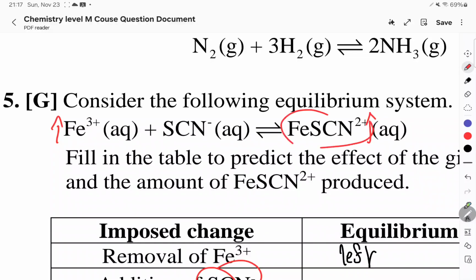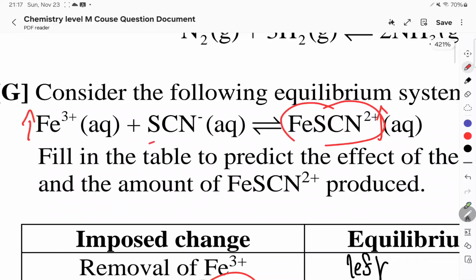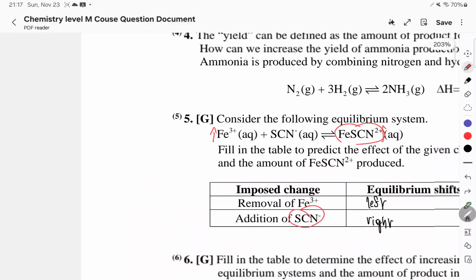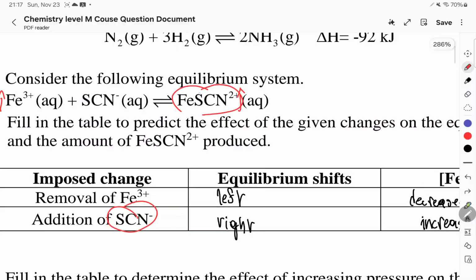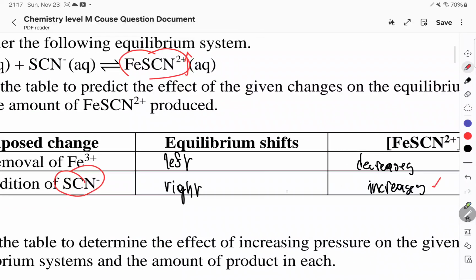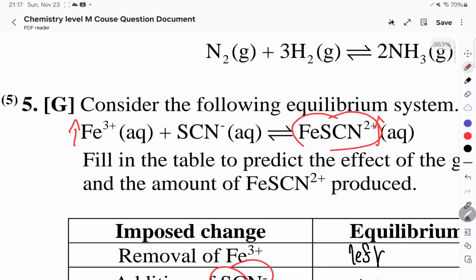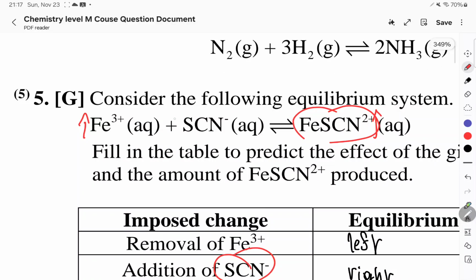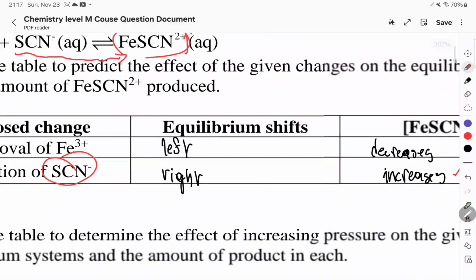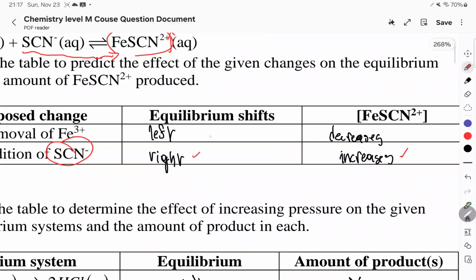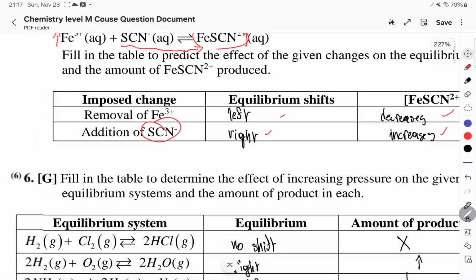So the product increases if this increases, and it will shift to the right. By shifting to the right, it takes the concentration of the reactants and moves it to the products. So that's it for this question.